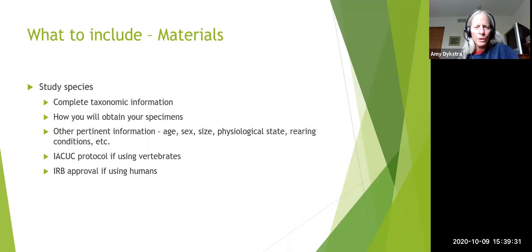And then if you are doing a study on humans, maybe it's a survey, maybe it's doing educational research with one of the professors in our department, you will need to have Institutional Review Board approval. And typically for the IACUC approval and for the IRB approval, typically the professor that you work with will help you with those protocols.